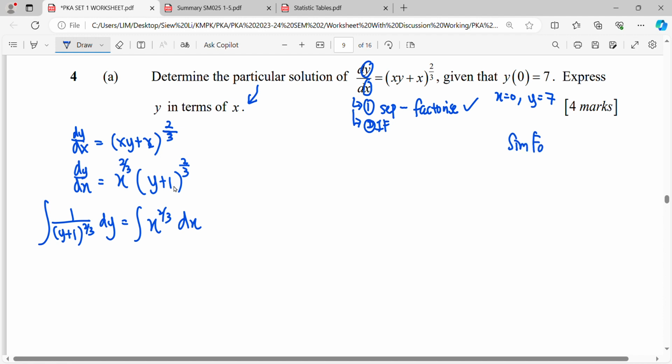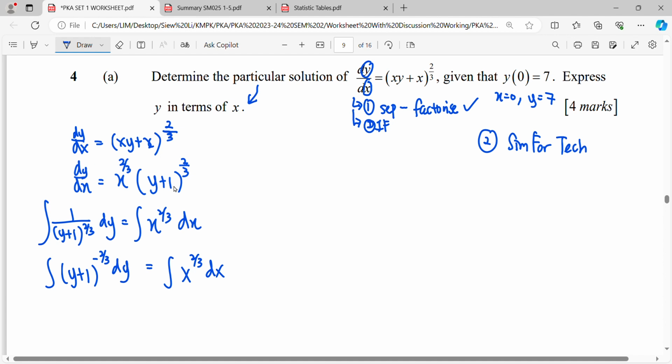Simplify from topic 2. Can we simplify this? Yes, we can rewrite this into the power of negative 2 over 3. Then everything will be ready to integrate.